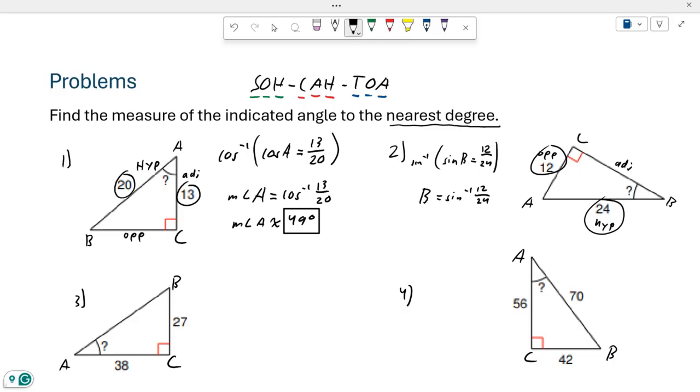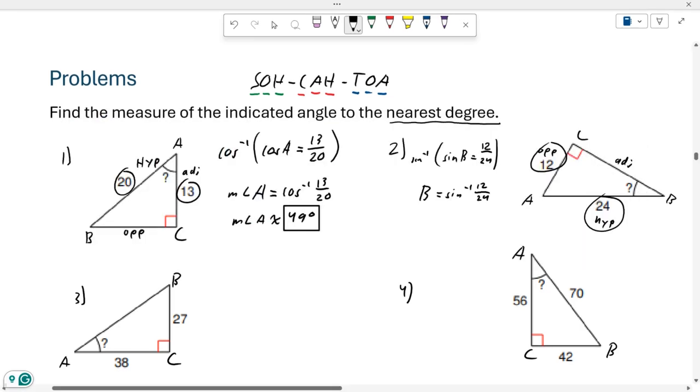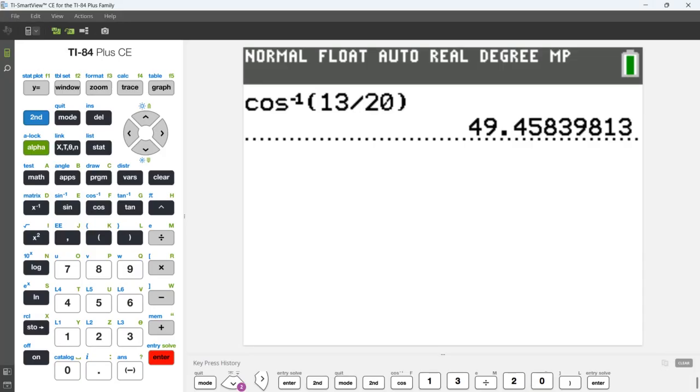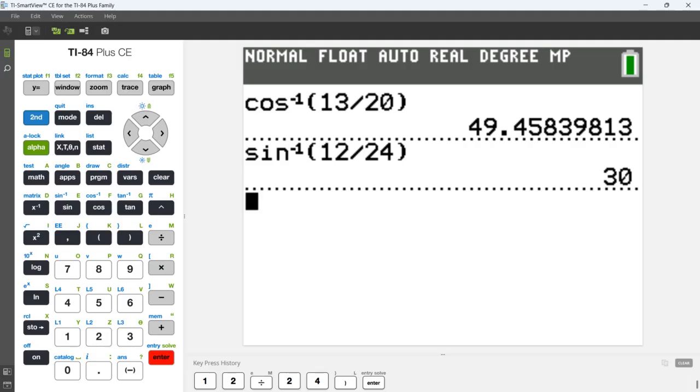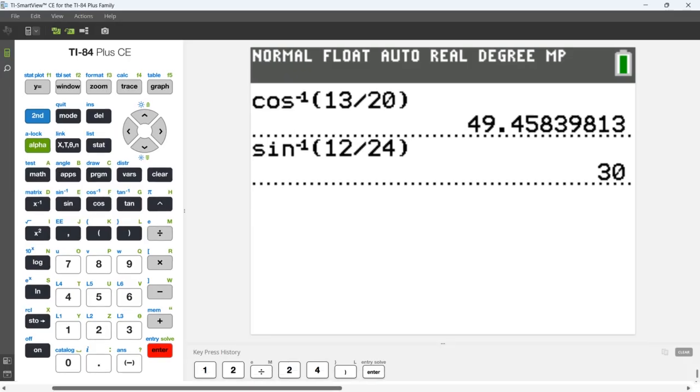And so, assuming that we have not taken pre-calc yet, we're going to go to our calculator. And when I do sine inverse of 12 over 24, which again does simplify to 1/2, we actually notice that for this problem, we get exactly 30. And so that's my answer.